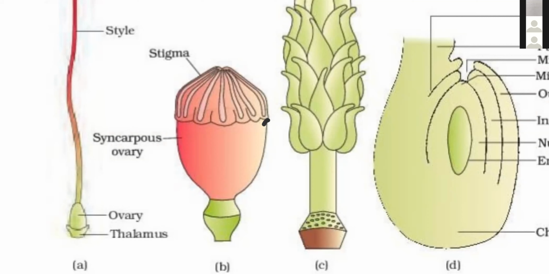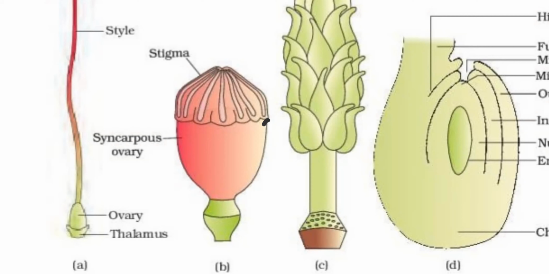The ovule remains attached to the placenta by means of a stalk, and that stalk is called funicle. The body of the ovule fuses with the funicle, and that region is called which part of the ovule? Yes, hilum.